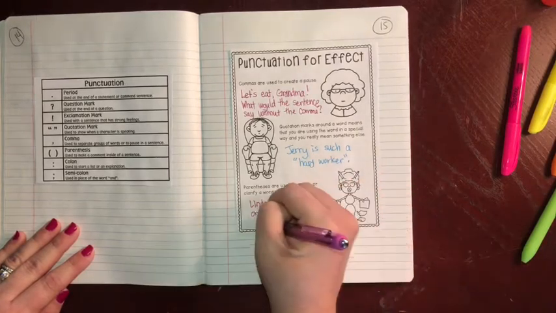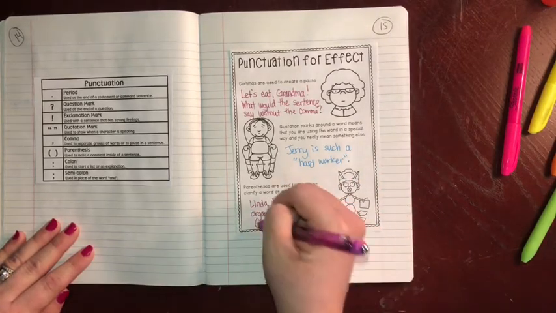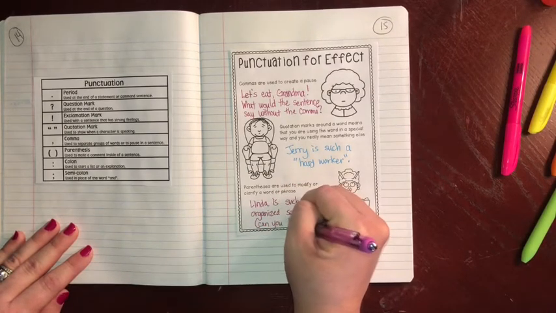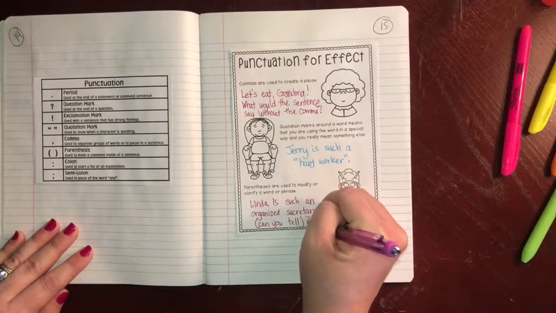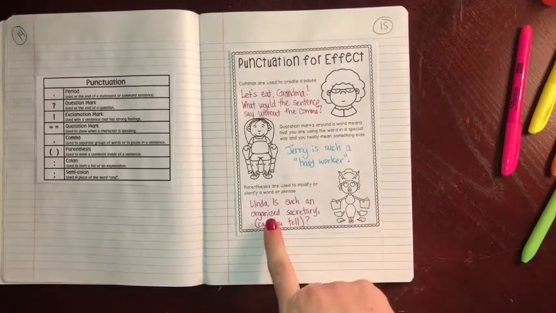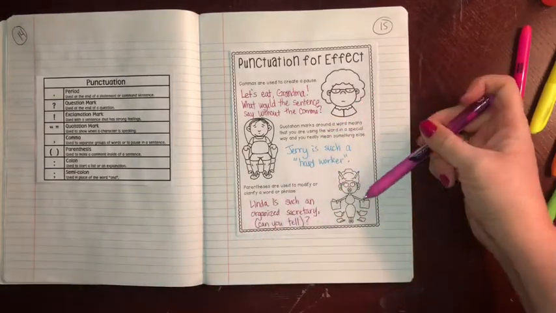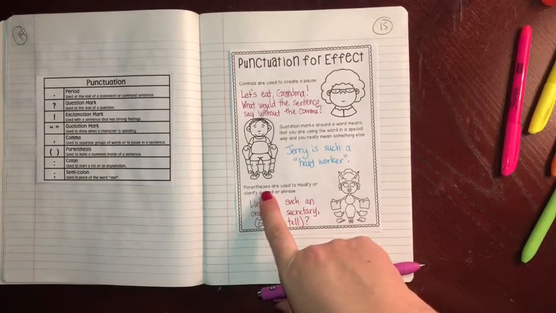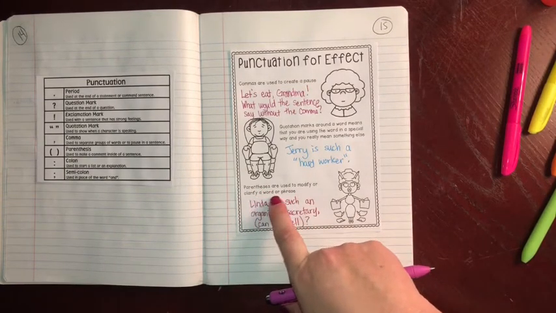And then we'll have the parentheses, can you tell? And we had a comma there. So we're saying that Linda is such an organized secretary. Can you tell?